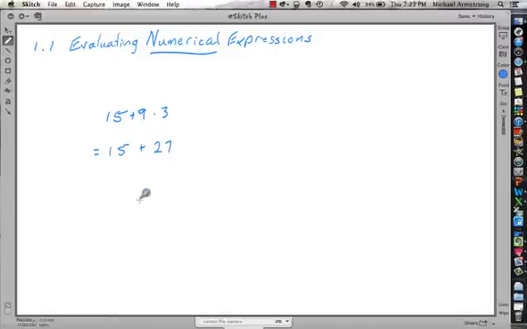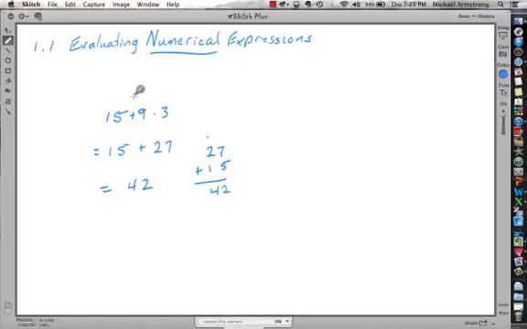And you add these two. 15 plus 27 is 42. We can see that if we write down 27 plus 15. 5 plus 7 is 12, and 2 plus 1 plus the carryover is 4, 42. Okay, see how that works?